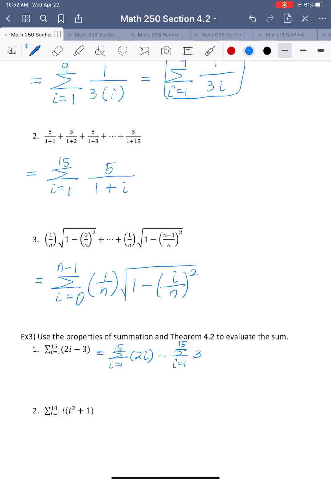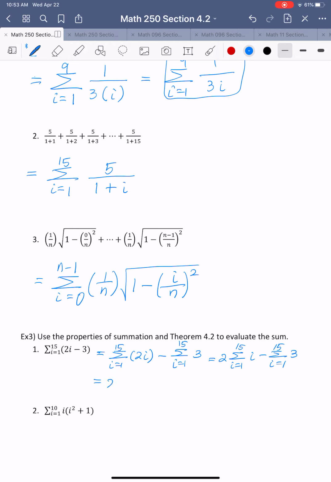And also I can pull it out as 2 times sigma, because 2 is like a k, which is a scalar, and then i minus sigma i equals 1 to 15 of 3.